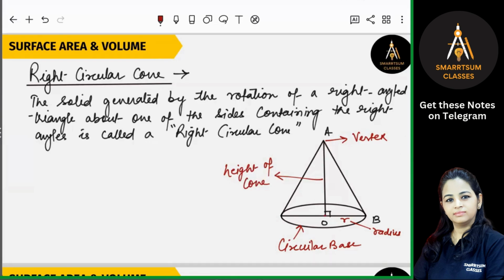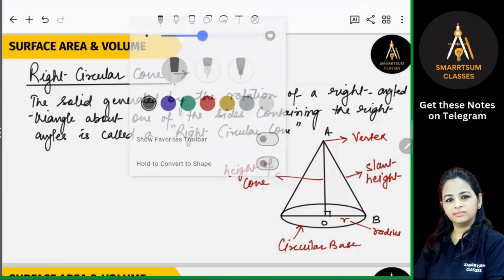Is that clear? And the length AB is called the slant height of the cone. So these are the terms related to the cone.